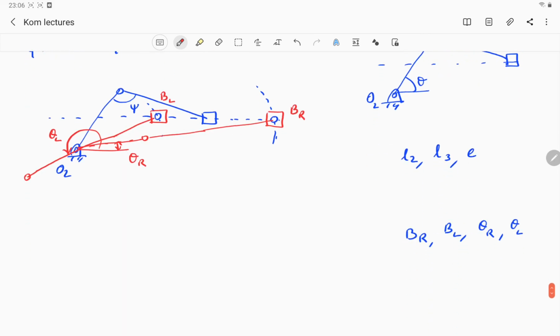So that's how we identify these extreme positions. Thank you.